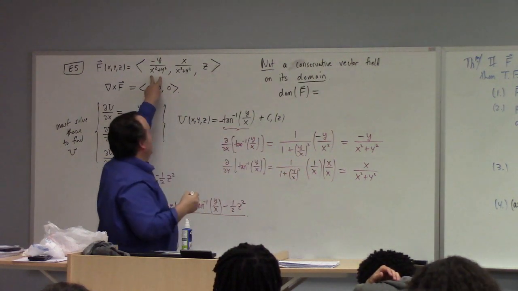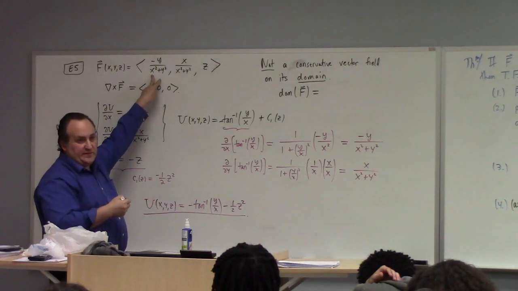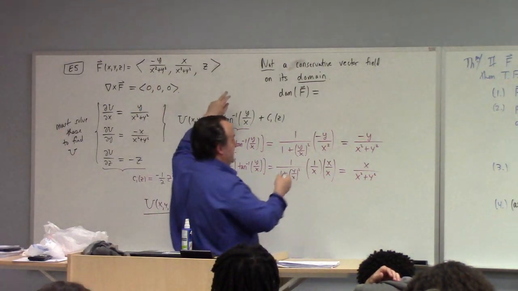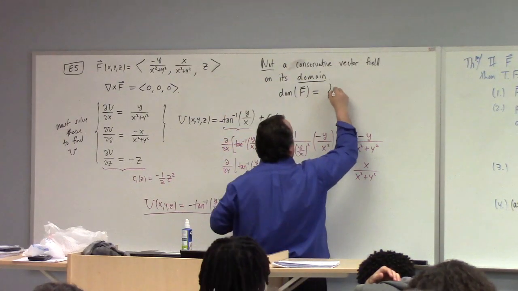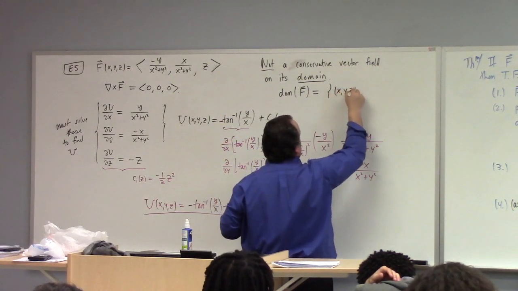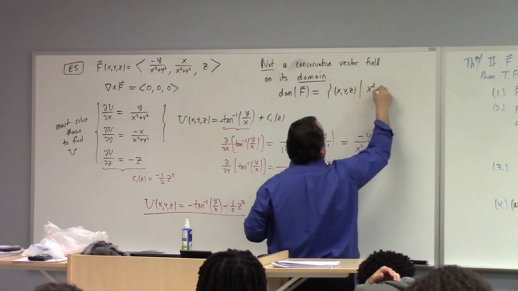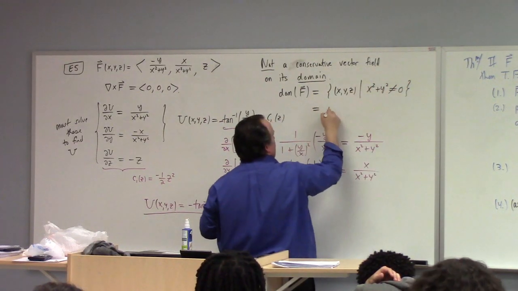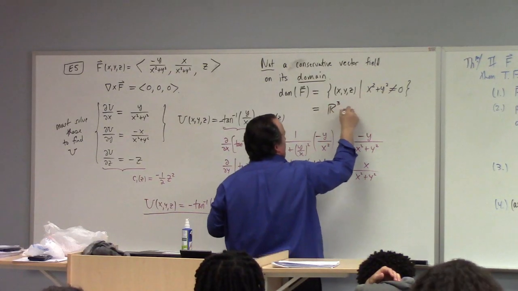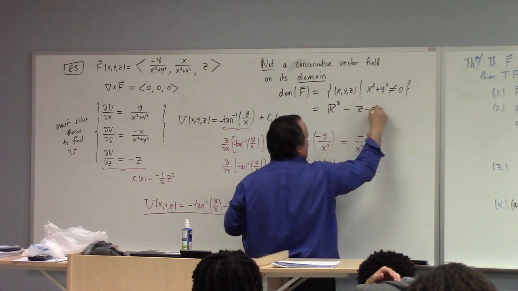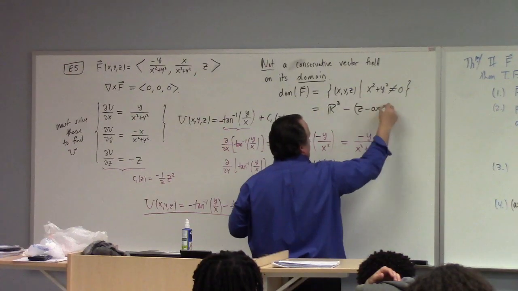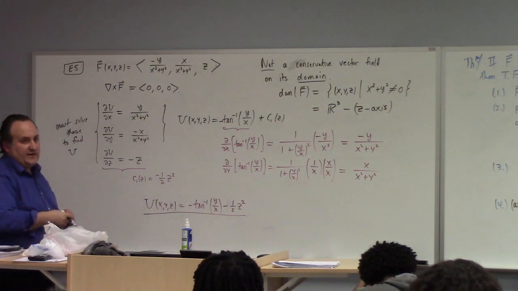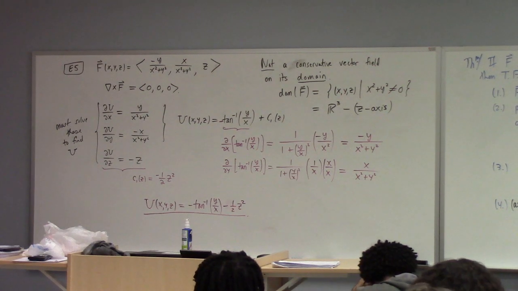We better not have division by x squared plus y squared equals 0. Where's that happen? The origin? Where else? You could also call this R3 minus the z-axis, right? We have to delete the z-axis. That's where x squared plus y squared is 0.